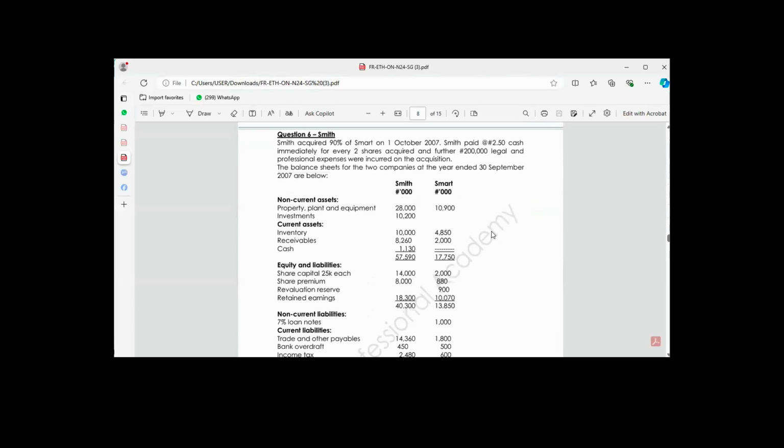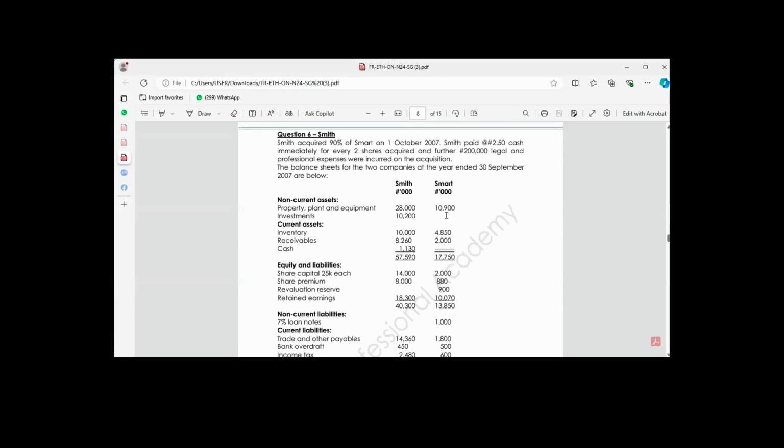Smith Limited. Smith acquired 90% of Smart on 1st October 2007. That is the date of acquisition. What is my own duty in exam? There's nothing that concerns me with Smith. It's the parent that has control. In Smart, that's my concern.